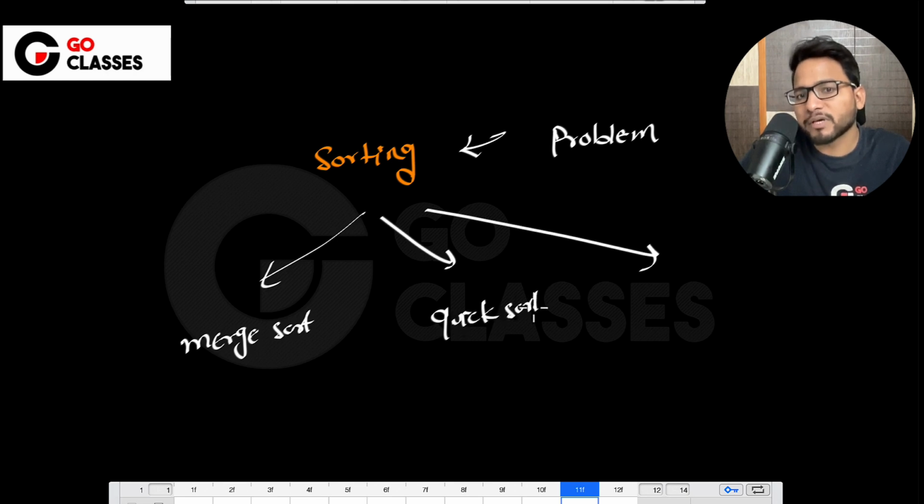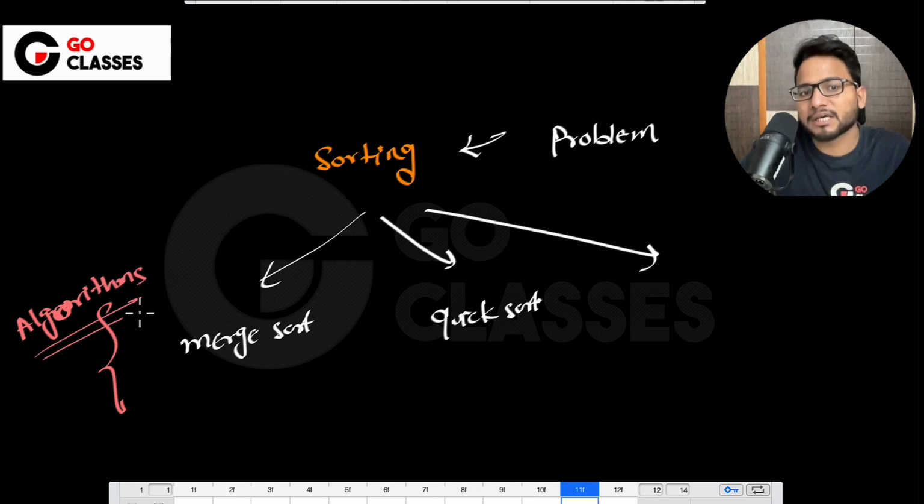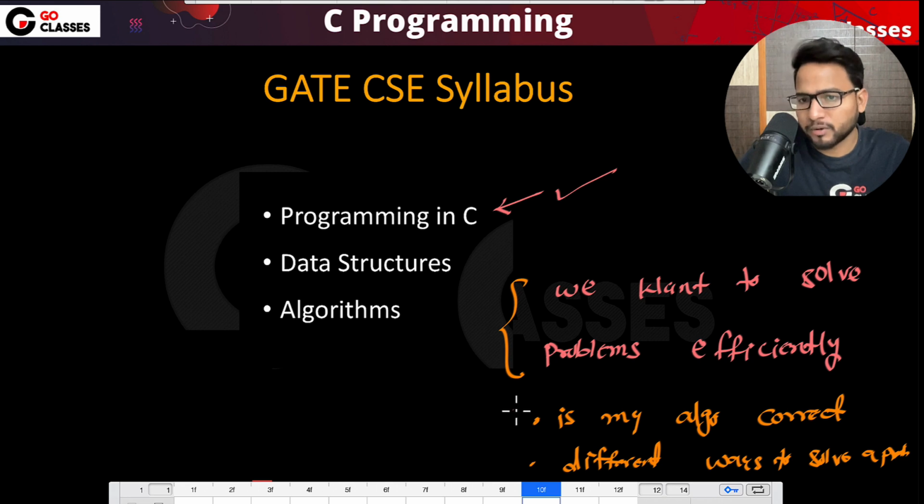So there are multiple ways to solve a particular problem, and these are called algorithms. Sorting is the name of the problem, but the specific techniques are called algorithms. Now you might want to solve it in different ways, or you want to analyze your algorithm. That's where we need algorithms.